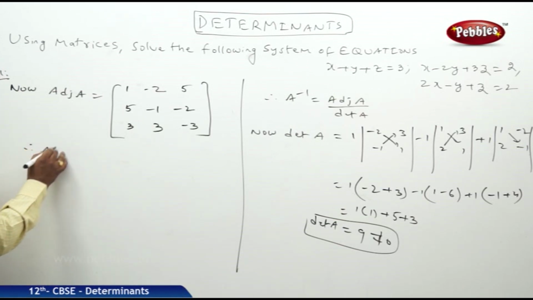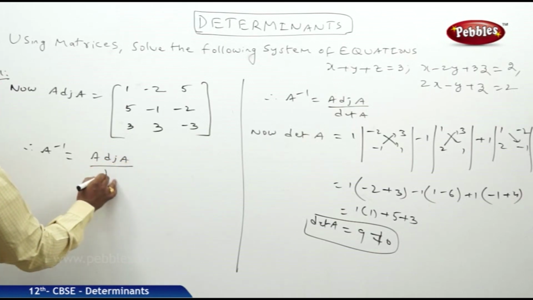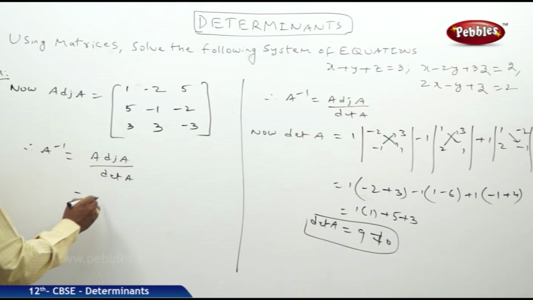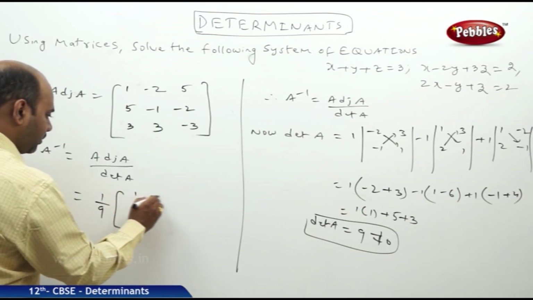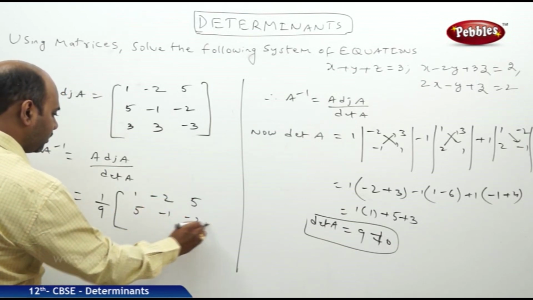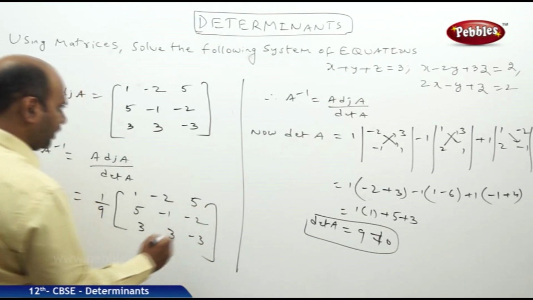Therefore what happens? A inverse is equal to adjoint A by det A. Det A means 1 by 9 into its adjoint. That means 1 minus 2 5, and here 5 minus 1 minus 2, and here 3 3 and minus 3.